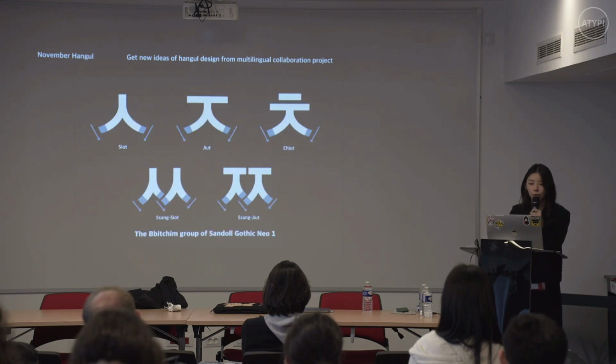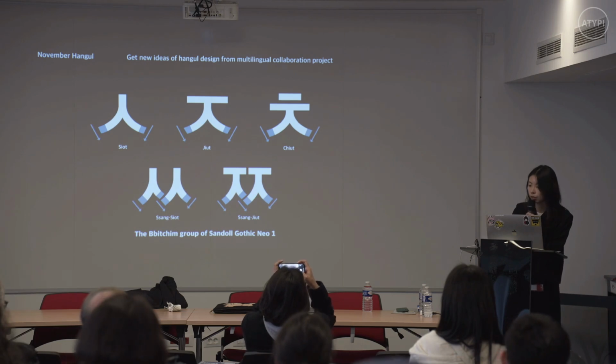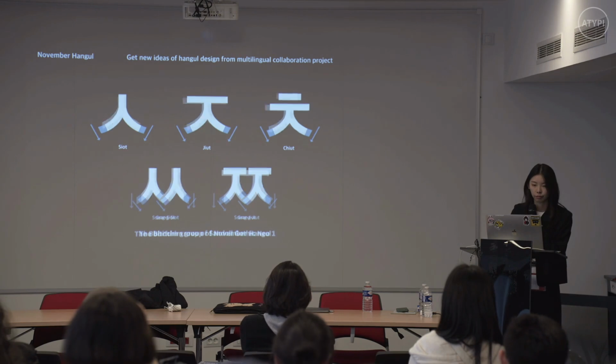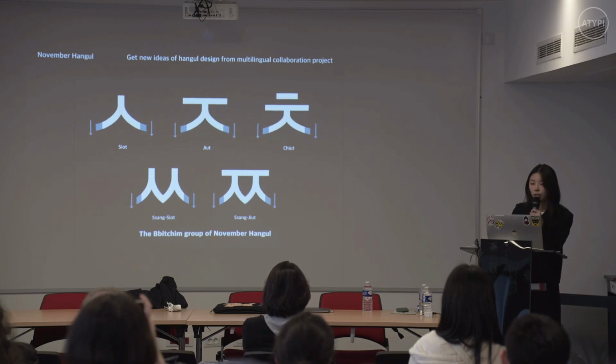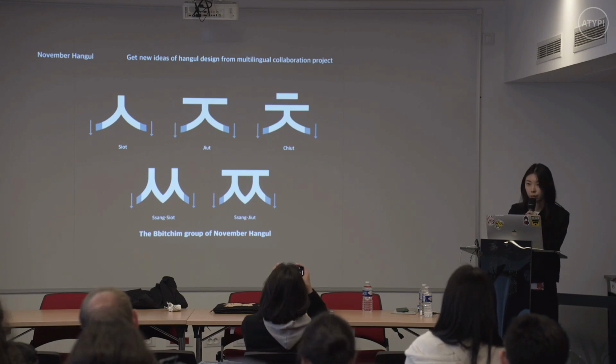The bitsim group refers to a group of glyphs that extend left and right, such as siut, jiut, and chiut, and they are usually cut diagonally, following the calligraphic method. Designing the end strokes of this group to be straight is a comparatively new attempt in sans serif Hangul fonts.